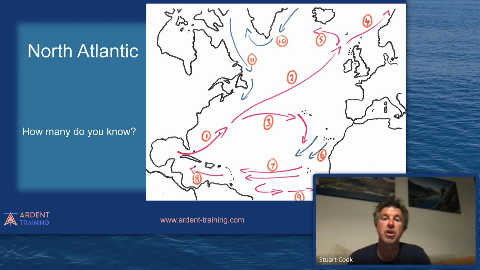So it's that counter-equatorial current. There'll be another one on the other side of the equator as well. Number 10, East Greenland current, driven by the polar easterlies. And number 11, the Labrador current, also driven by the polar easterlies, but pushed down south because the landmass stops it from going to the east.